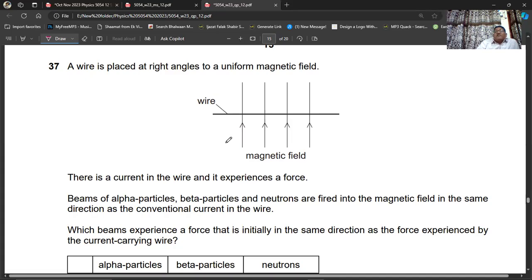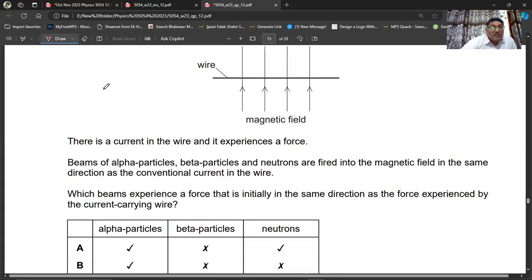Which beam experiences a force that is initially in the same direction as the force experienced by the current carrying wire? Because in the wire we have conventional current, the alpha particles, which are positively charged, will experience the force in the same direction as the wire experienced. So they will also experience the same direction of force in that magnetic field.